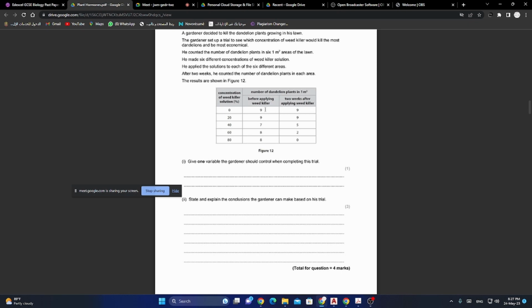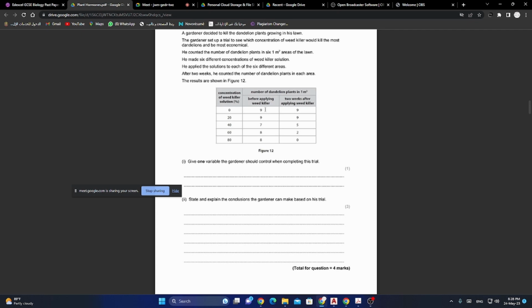State things from the table and explain these things from the table. You skipped a lot of information in the middle.